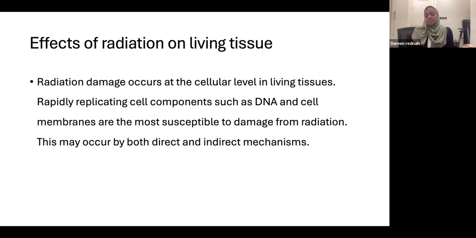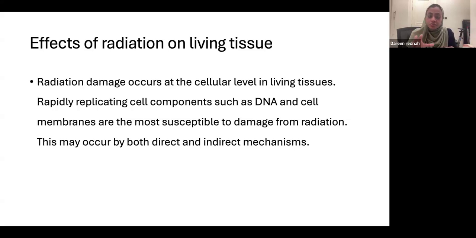I just want to talk shortly about the effect of radiation on living tissue. It causes damage at the cellular level in living tissues. Rapidly replicating cell components such as DNA and the cell membrane are the most susceptible to damage from radiation.